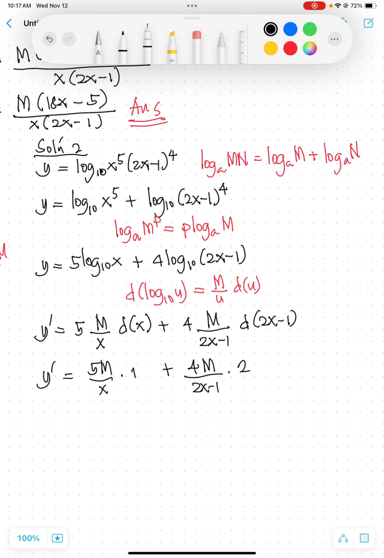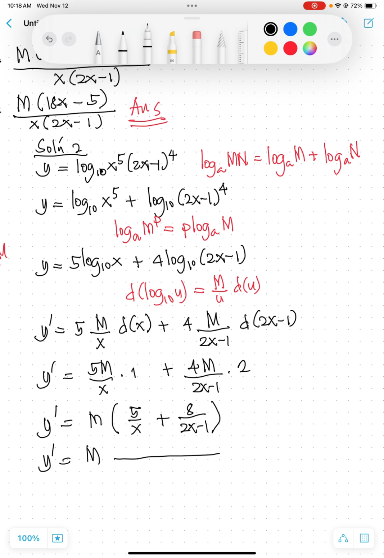Here we have a common factor m, so let us factor out m. We'll have m, and then 5 times 1 is 5 over x plus 2 times 4 is 8 over 2x minus 1. So y prime equals m times 5 over x plus 8 divided by 2x minus 1.